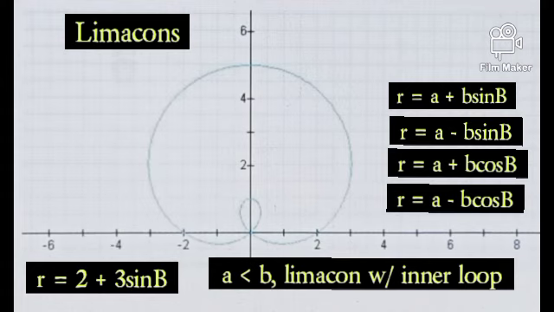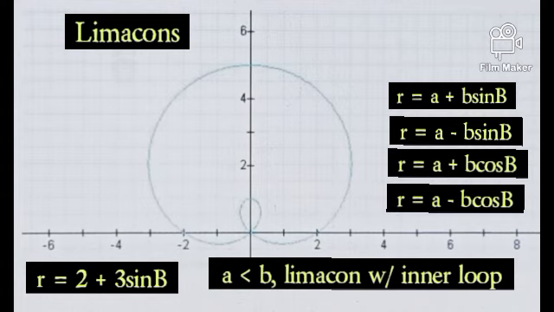In general, if in any of the four polar equations r = a + b sin θ, r = a - b sin θ, r = a + b cos θ, or r = a - b cos θ, the value of a is less than b, the graph is a limacon with an inner loop.